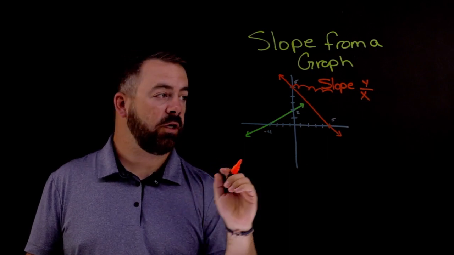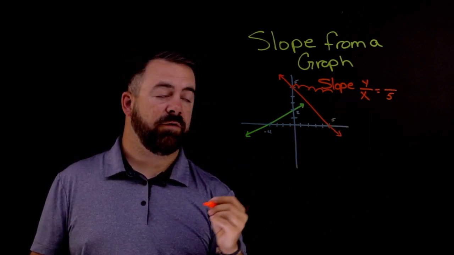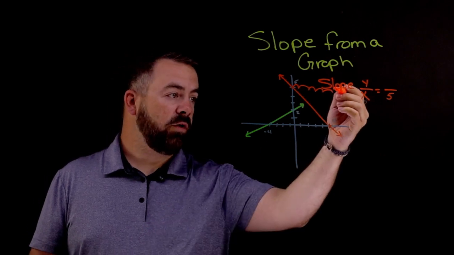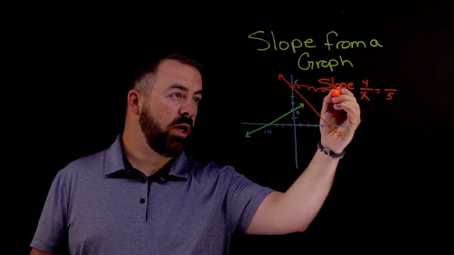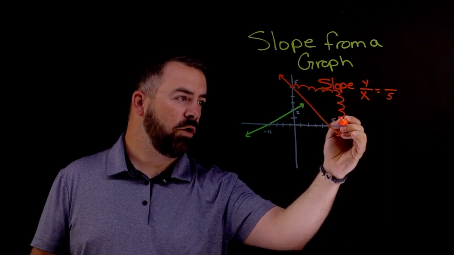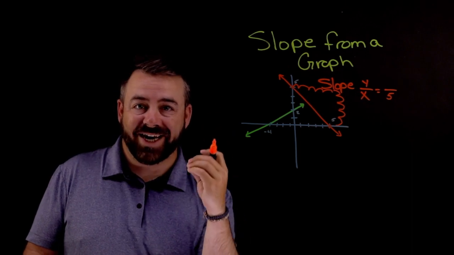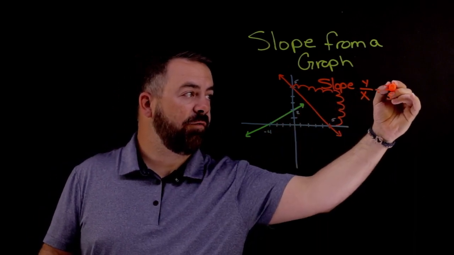Because I'm working to the right, the x value is going to be a 5. Once I reach this destination, I need to count 1, 2, 3, 4, 5 down. Because I worked down, that needs to be a negative 5.